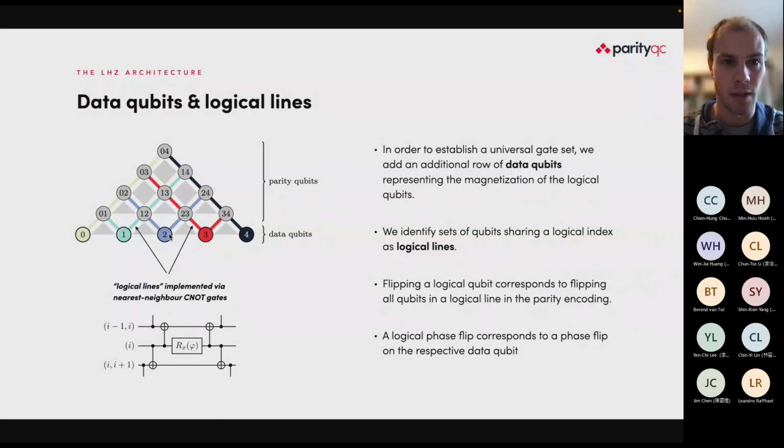So for example, for qubit 2, this would be a CNOT gate here, then a CNOT gate here, CNOT gate here, CNOT gate. Can you actually see my mouse? Yes. Okay, great. CNOT gate here, then doing the rotation, and all these CNOT gates are back. So it's basically mirrored, as you can see in this circuit.